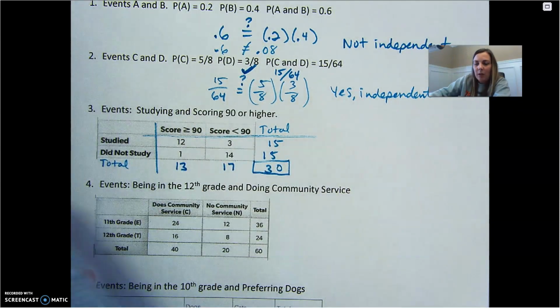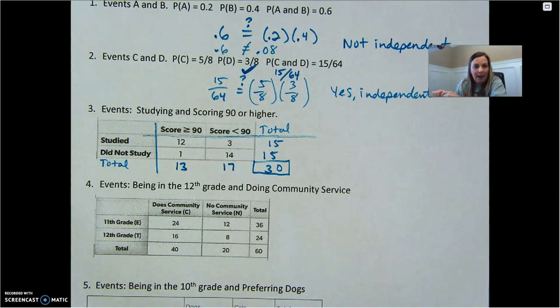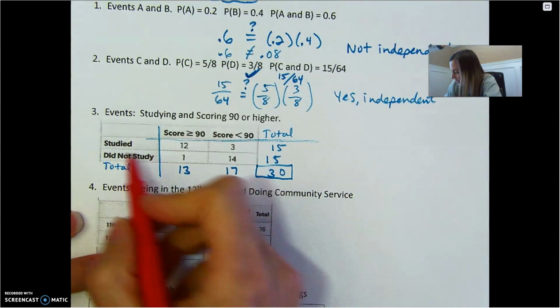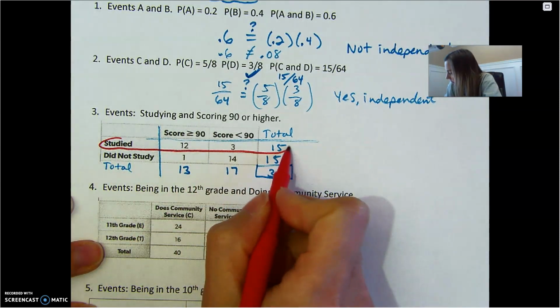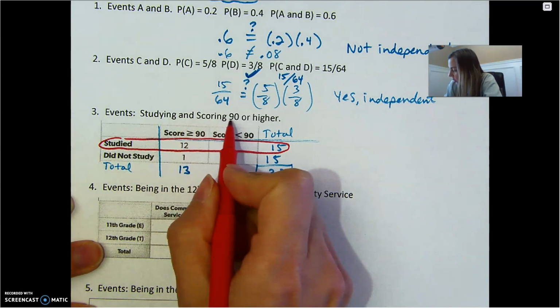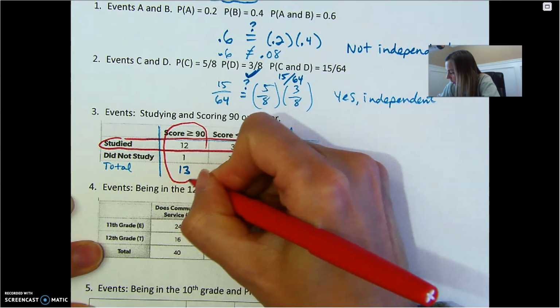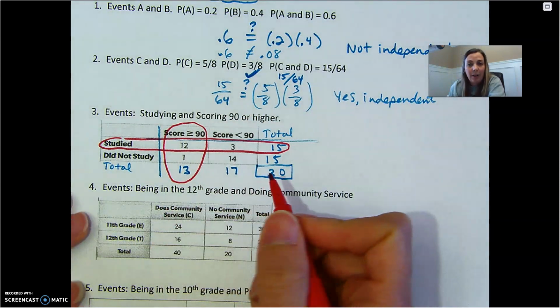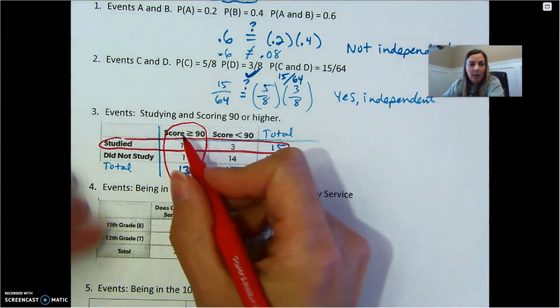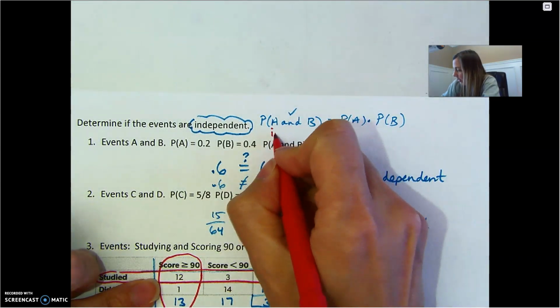Okay, so we want to verify if the events studying, so here's studied, and scoring 90 or higher, so greater than 90, are independent. Let's start with the intersection, the and.